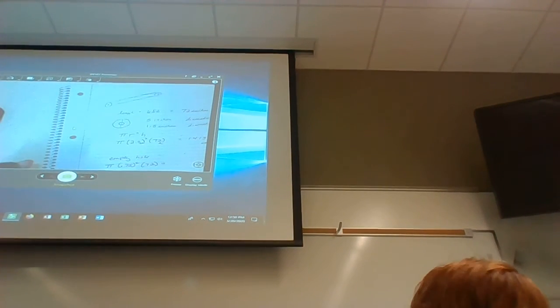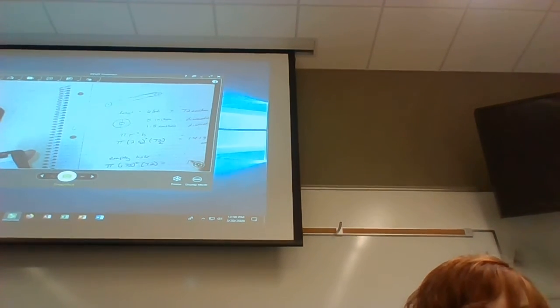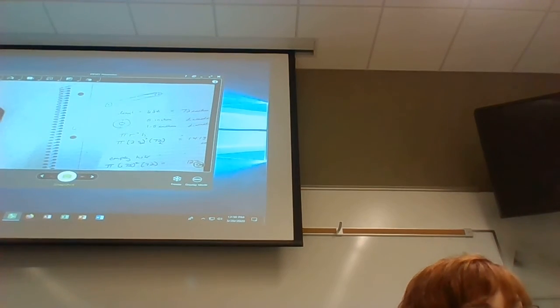And then the smaller part of the noodle, the hole that's cut out of the middle, would be pi times 0.75 squared times 72, and that would be 127.2 inches cubed.